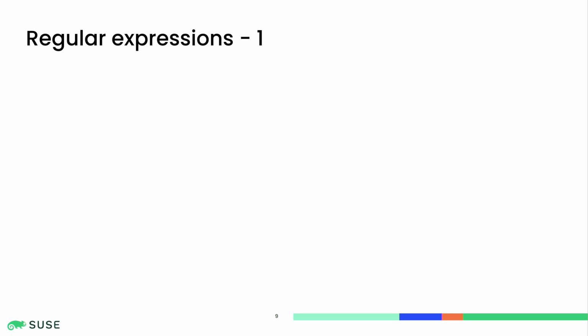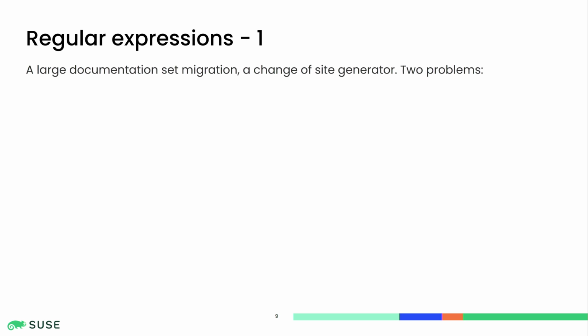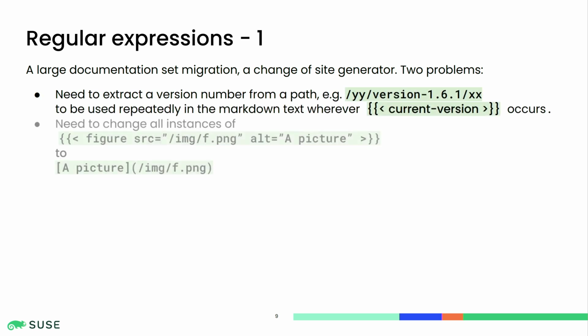So that was one of the interesting things I've done over the past year. The other one, I got a large documentation set for a product called Longhorn, and it's currently rendered using Hugo, a static site generator, and we needed to migrate it to a different static site generator, Docusaurus.